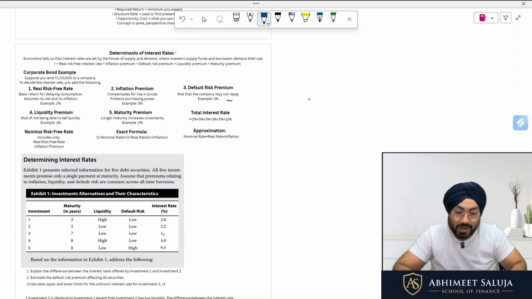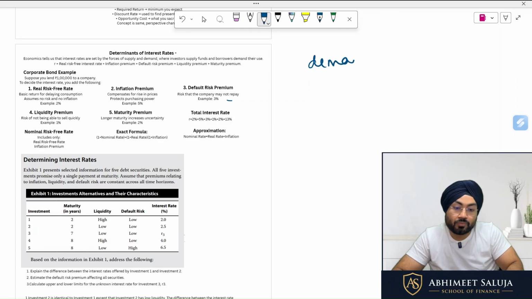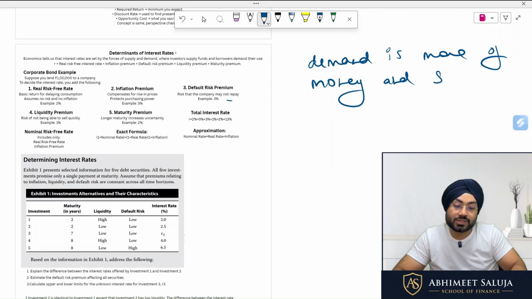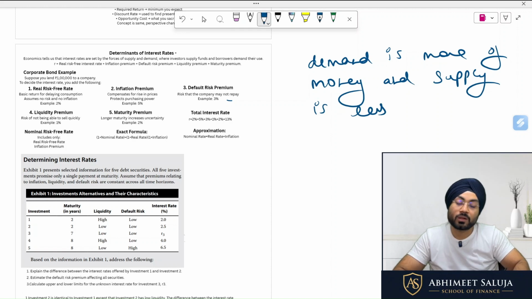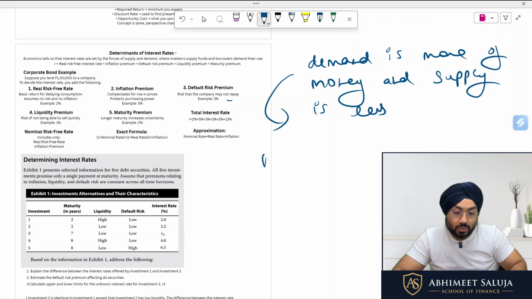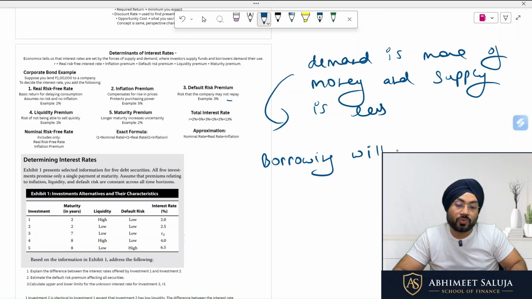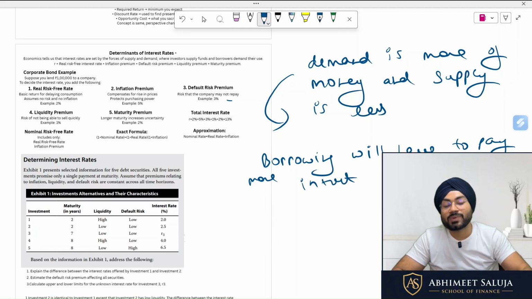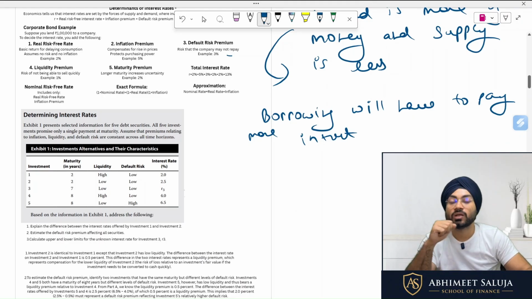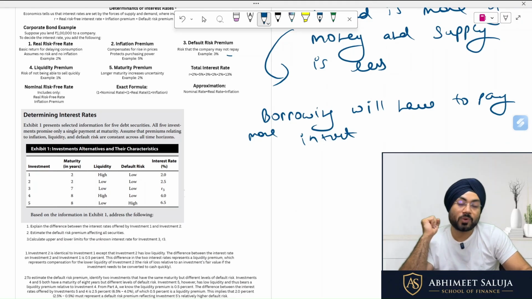All right, if demand is more for money and supply is less, then the person who is borrowing the money will have to pay more interest, or the person who is supplying the money, who is lending the money, will be demanding a higher interest rate from the borrower.